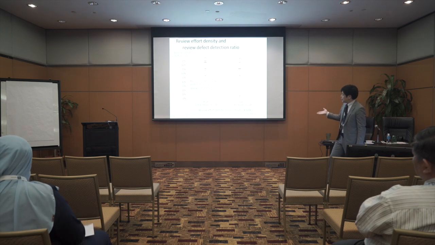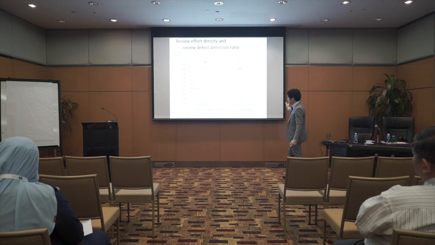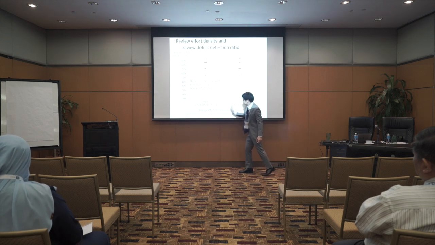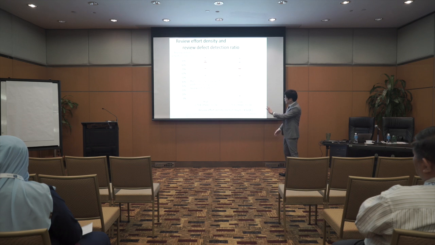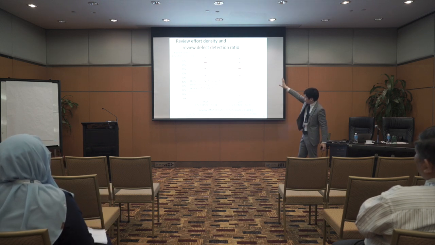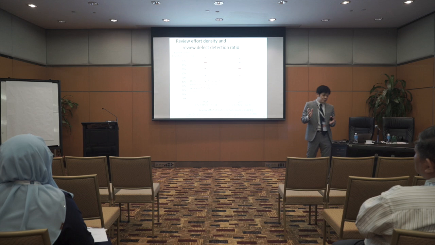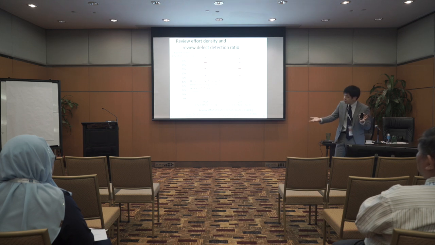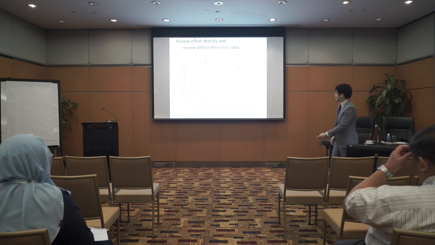By dividing the values of this metric at the median, the higher group, with high density of review effort, contributes to a higher ratio of review defect detection. The y-axis represents the metric I previously explained, the number of defects detected during review against the total number of defects during the project.